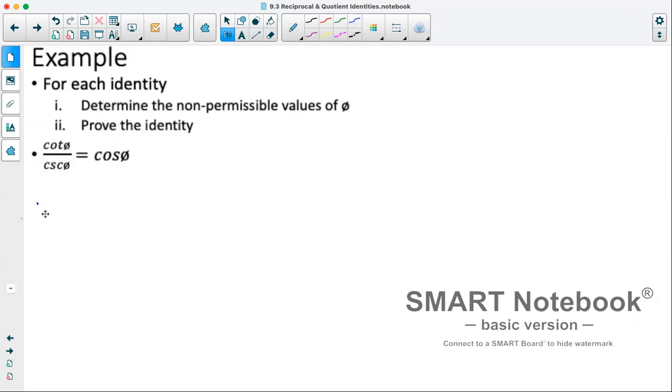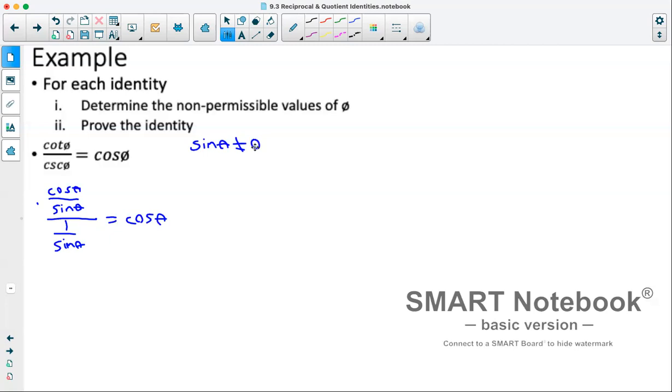So cotangent is cos theta over sine theta. Cosecant is 1 over sine theta. And now we're going to look for restrictions. This entire denominator will never equal 0 because 1 divided by anything is never 0. However, in this fraction and this fraction, we both have sine theta as a denominator. So we know that sine theta cannot equal 0.